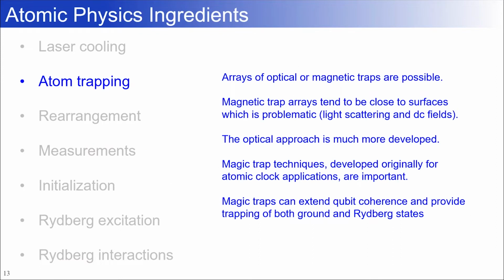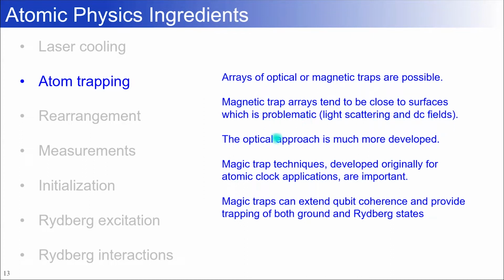Okay, atom trapping. So you could prepare arrays of trapped neutral atoms in different ways. Optical or magnetic traps are possible. Magnetic trap arrays tend to be close to surfaces, which is problematic. You get light scattering and you get fields from impurities or dipoles attached to the surfaces.